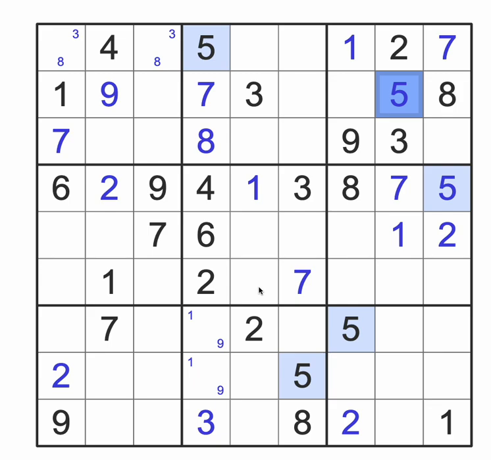Yeah, I can pretty much do anything right now. These are 5, 8, 9. That's what's missing from box 5. And here's 5 and 8. So this cell can only be 9.